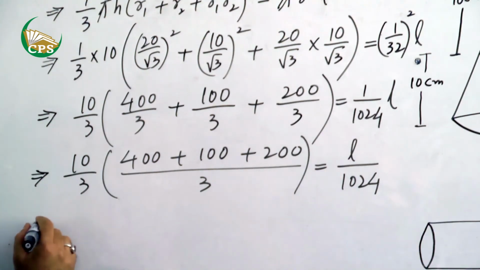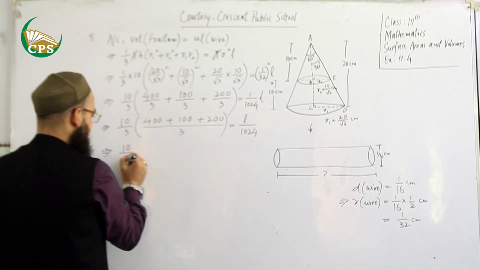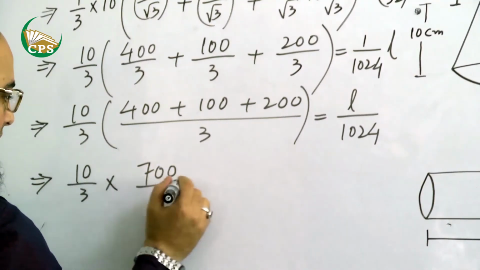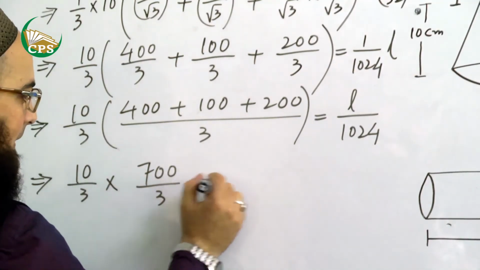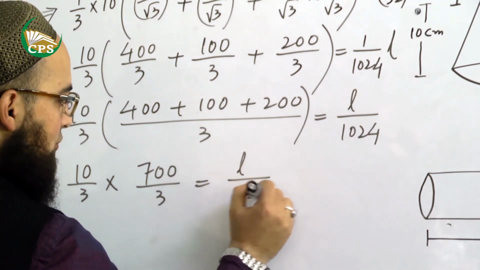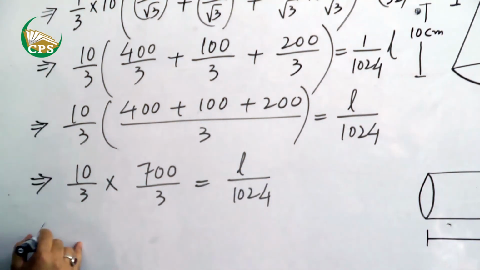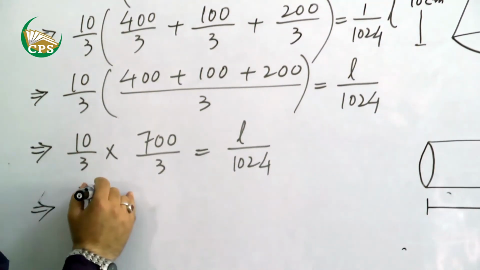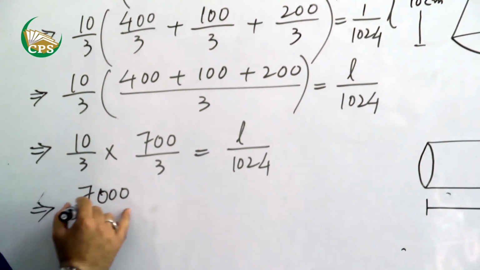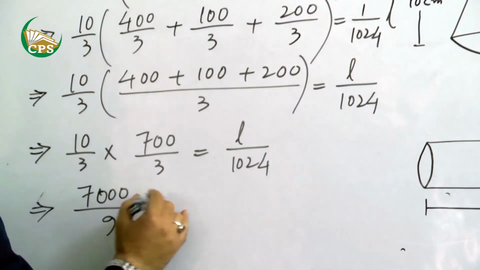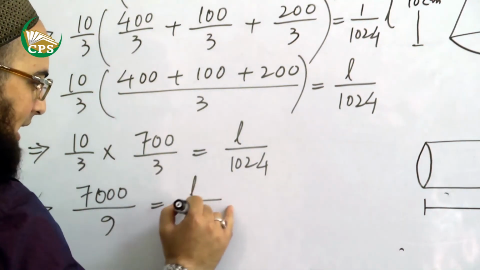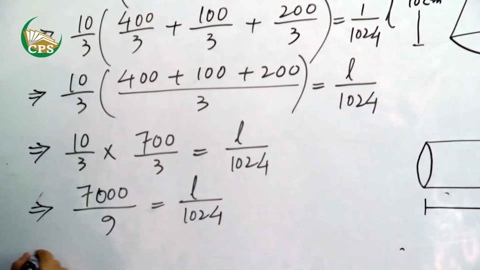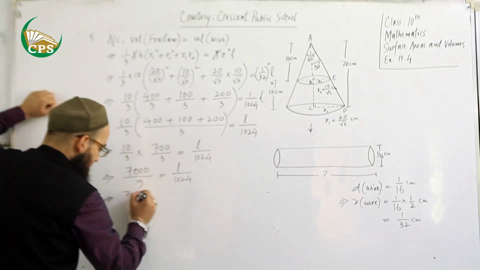Then I can go, which implies that 10 divided by 3 times 700 divided by 3 is equal to L by 1024. Then I have 700 times 10, that is 7000 divided by 9, is equal to L divided by 1024.